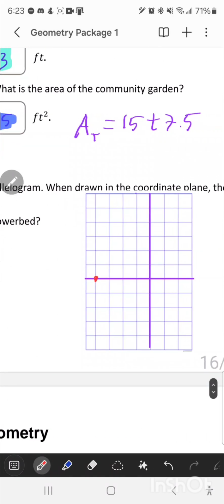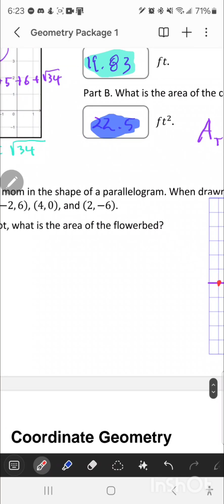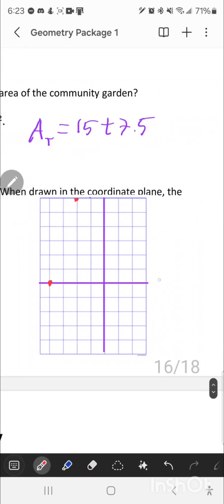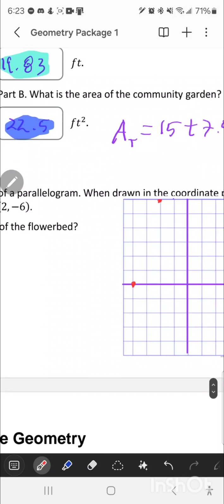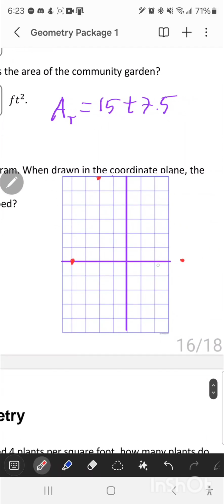Then -2, 6. Okay, -2, 6. Now 4, 0 is going to be over here. I know, that's the best I could do. Now 2, -6. So this is going to be 0, and -8 will be here, out of the graph as well. Sorry about that. Now we have this parallelogram.